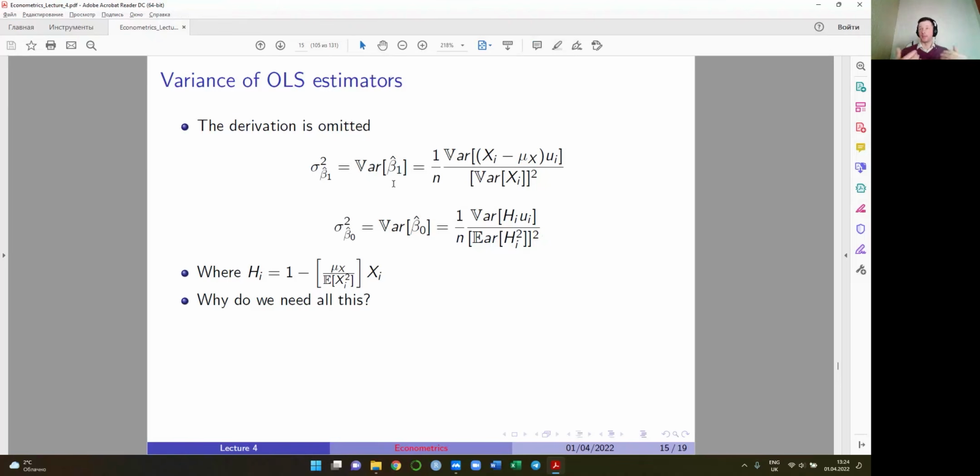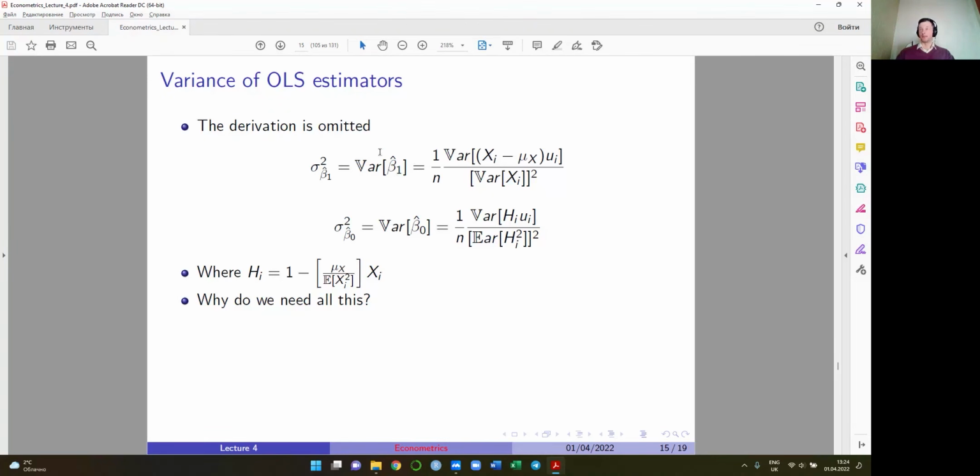Look, the variance of the estimator shows us how large the spread of possible values might be if we obtain different random samples. Beta 1 hat may change, and variance shows us how large the spread of these possible values might be.